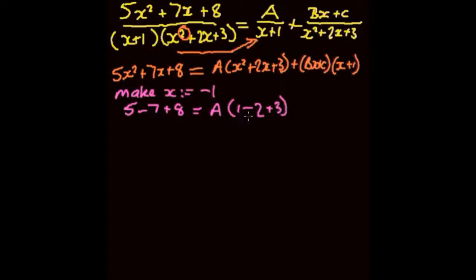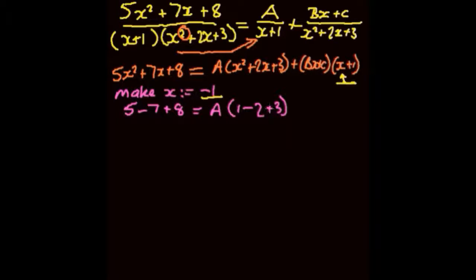Now I've lost the b, and the reason I've lost the b is because when I made x equal to minus 1, when it went into this bracket here, it rendered it as a 0, which meant that anything multiplied by that 0 was going to equal 0, leaving me just the a into x squared plus 2x plus 3.